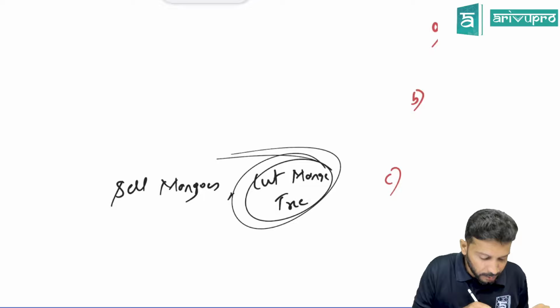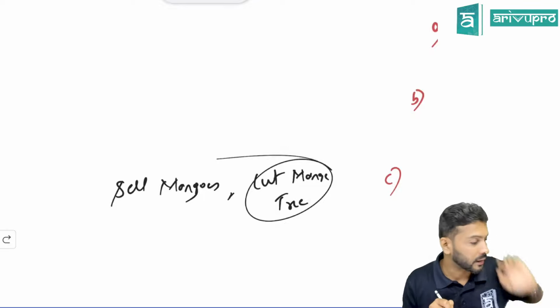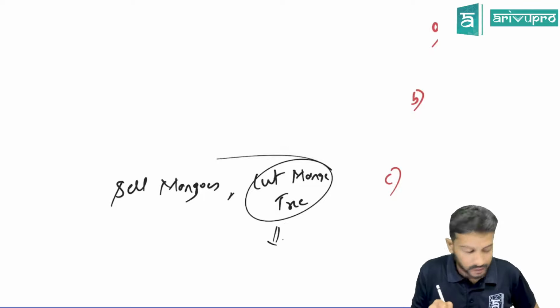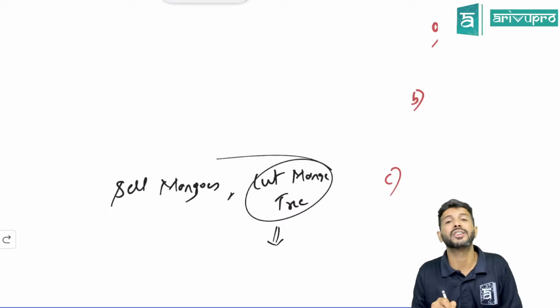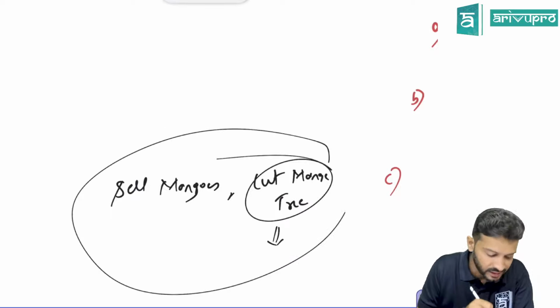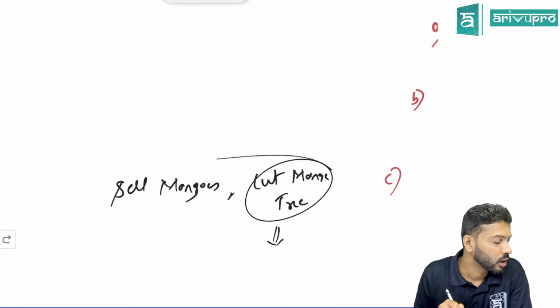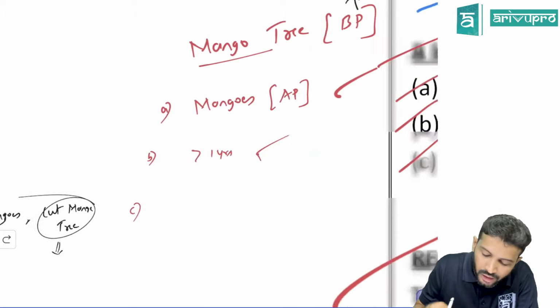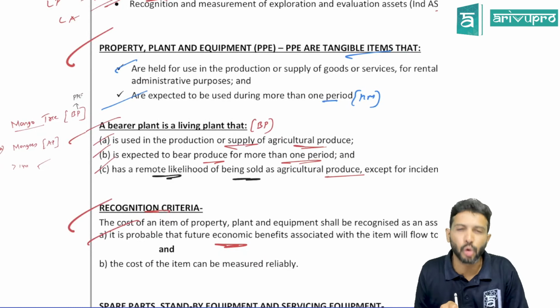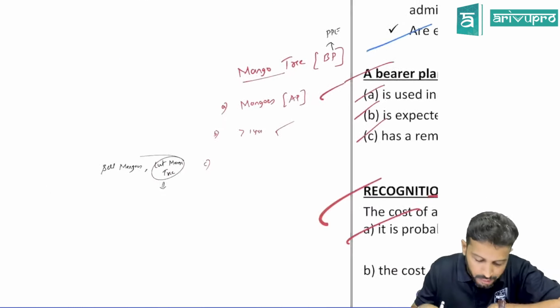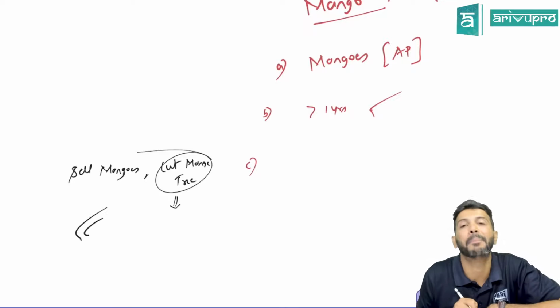Is he using the bearer plant or is he selling the plant? In this example, he's selling. So tell me, is this a fixed asset? If he's doing this, is it a fixed asset? No, that is what the condition is telling. It has a remote likelihood of being sold, meaning this farmer should only sell mangoes.